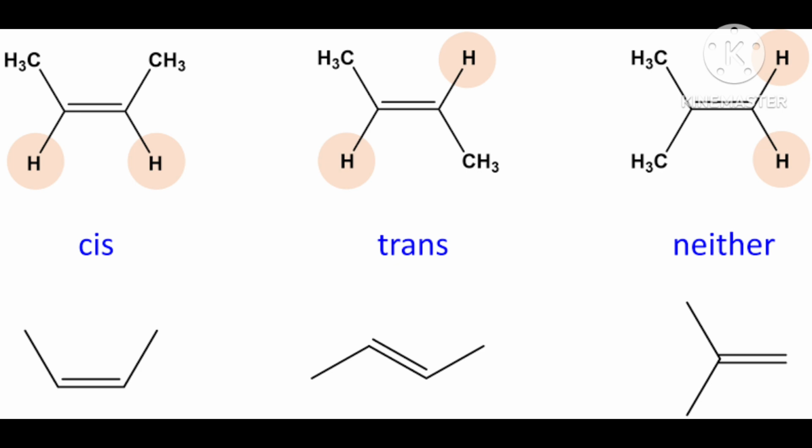Here in place of XY, there is H and Cl, again H and Cl. Then you can easily write its isomers. First you write the carbon double bond. On the first carbon, write H down and Cl up, so the valency is balanced. Write the second carbon the same way, Cl up and H down.